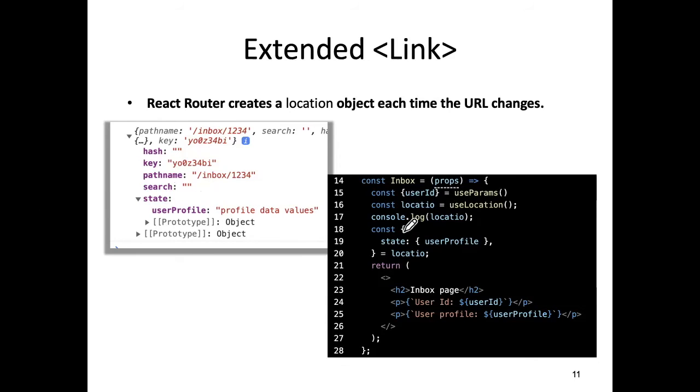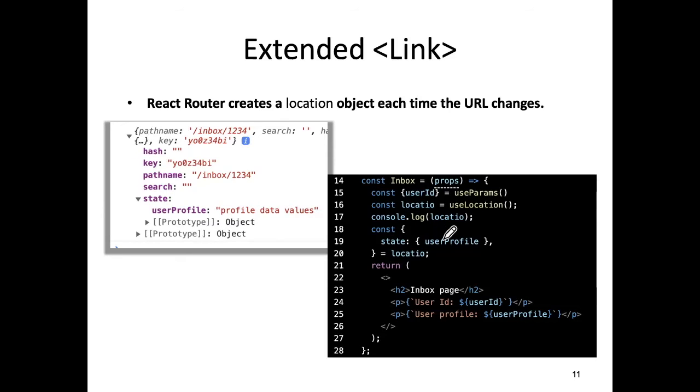You can use destructuring to any degree of nesting that you want to. In my case, I've got one degree of nesting, as in this object is nested inside the location object. So the way you interpret this is: find the state key within this object, and from that key take the value, which will be an object.